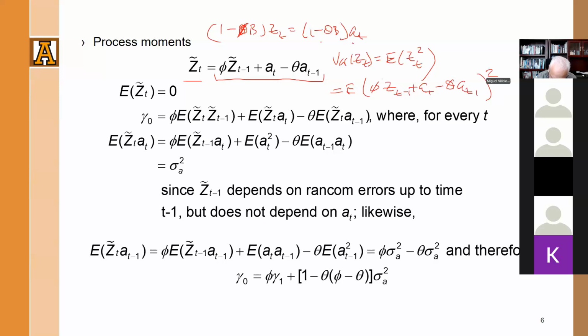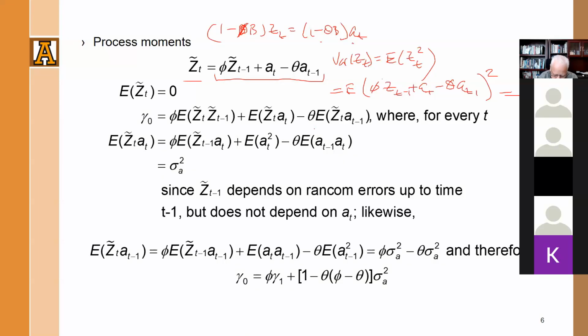And if I square these things, I get phi squared times the expected value of Z_{t-1} squared, plus the expected value of A_t minus theta A_{t-1} squared, plus cross terms.